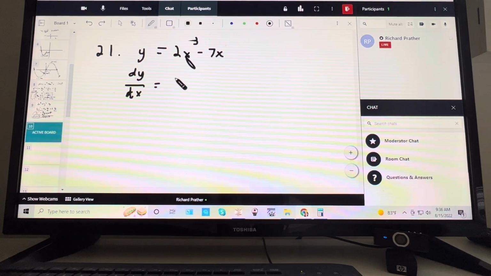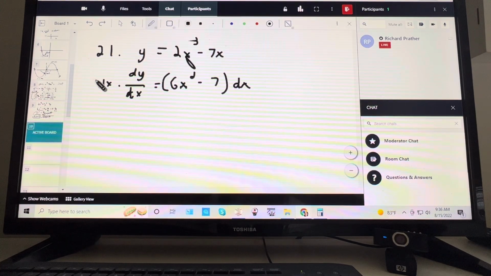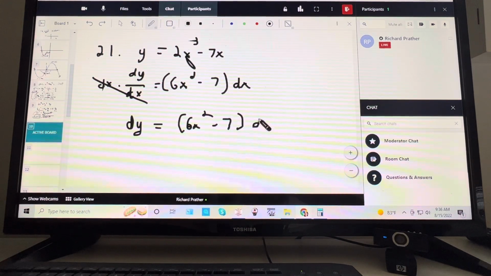And then this side would be 6x squared minus 7. That's how problem number 20 went, except we had to do some algebra after that. But here, the extra step is then you multiply both sides by dx. So 6x squared minus 7 dx.